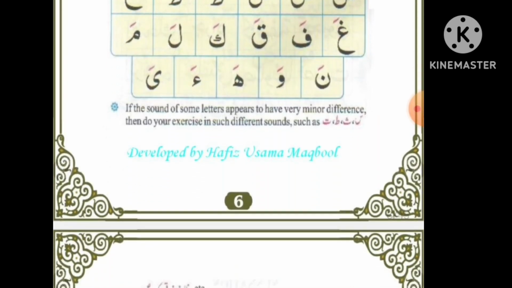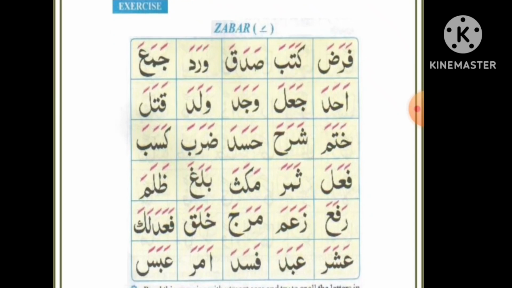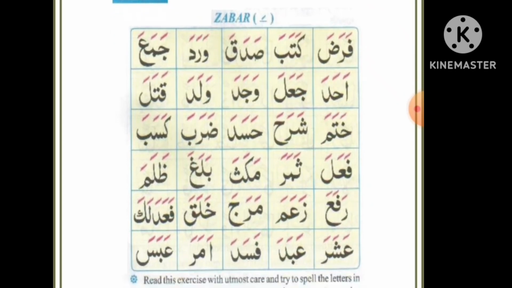Okay, now see how do you read this exercise. You can see that there is a zabar on each letter. So how do you read the first word? It is fa zabar fa, ra zabar ra. Now you will join the 2 letters first, fa ra. Then you will say the third letter, dwa zabar dwa, fa ra dwa. Okay.